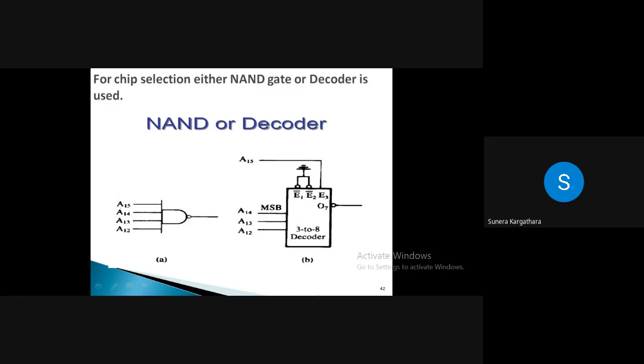In the case of a decoder, we know there are three enables, and depending upon which decoder you use you get the output. How do we decide whether to use a 3 to 8 decoder or a 2 to 4 decoder? That depends upon how many lines you have remaining.